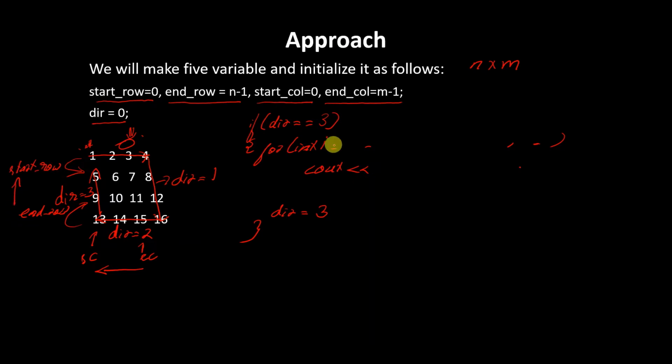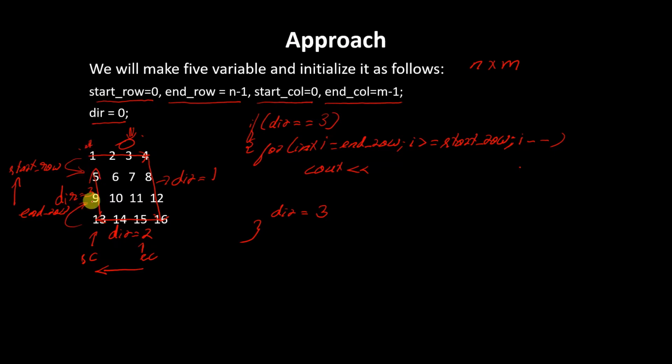So i will start with end row and run till start row, and we will do i minus minus. Now we have to print these elements.